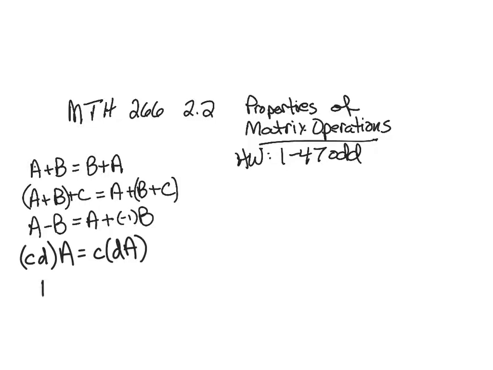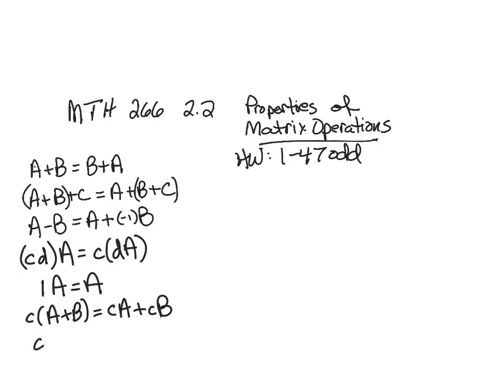I don't know why they put this in the book because it seems kind of obvious to me. The scalar multiple of 1 gives you your matrix back. If I have a scalar multiple of the sum of two matrices, and excuse me if I accidentally say vector, these matrices can also be considered vectors of many dimensions.